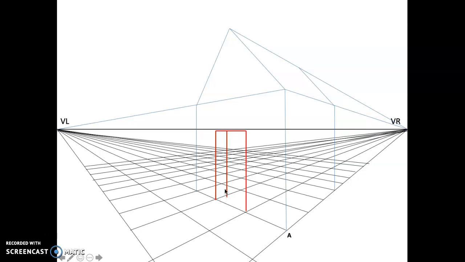So this is the thickness of the wall, and we create the entrance to the house this way. You start determining the size of the thickness right here. Mark this point, and then you draw a vertical line up until you reach the top of the entrance.